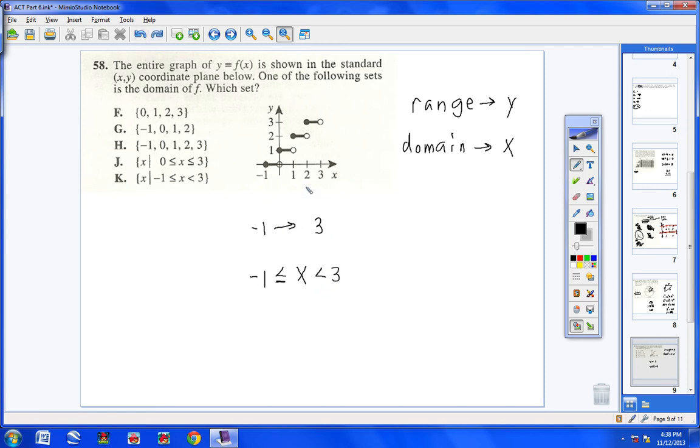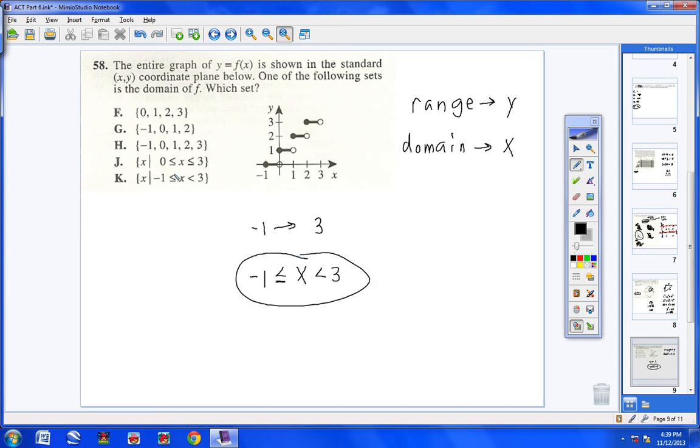So the domain for this graph, if you study just the x values, not the y's, because domain deals with the x values, you will see x is defined all the way from -1 all the way to 3, but not including 3.